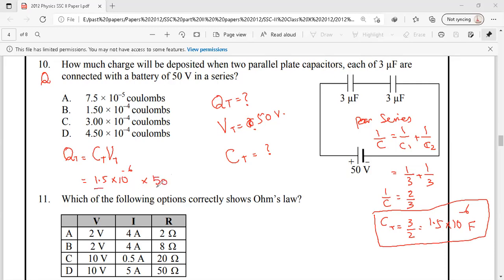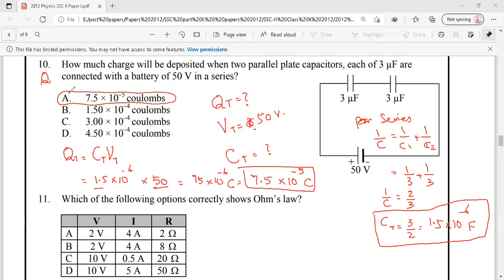So 50 multiplied by 1.5 is equal to 75 × 10 raised to the power minus 6 coulombs, and in standard form it will become 7.5 × 10 raised to the power minus 5 coulombs. So this is the correct answer for the total charge deposited at each capacitor, and this charge will be the same on both the capacitors because they are connected in series combination. So the correct option for this question number 10 is option A.